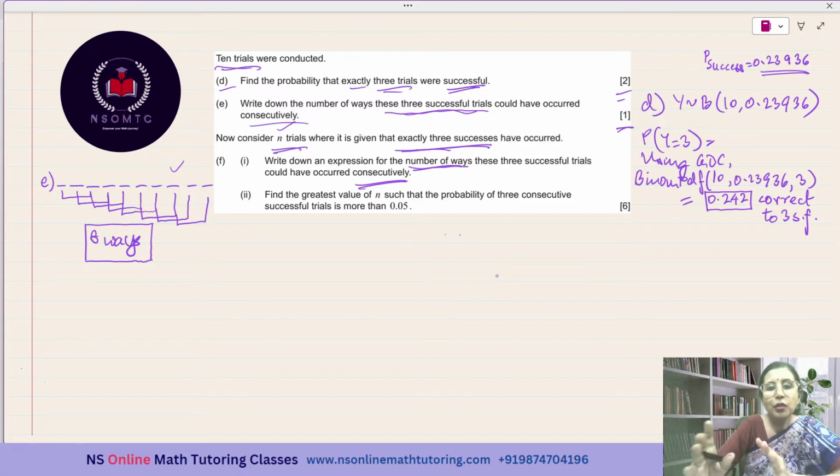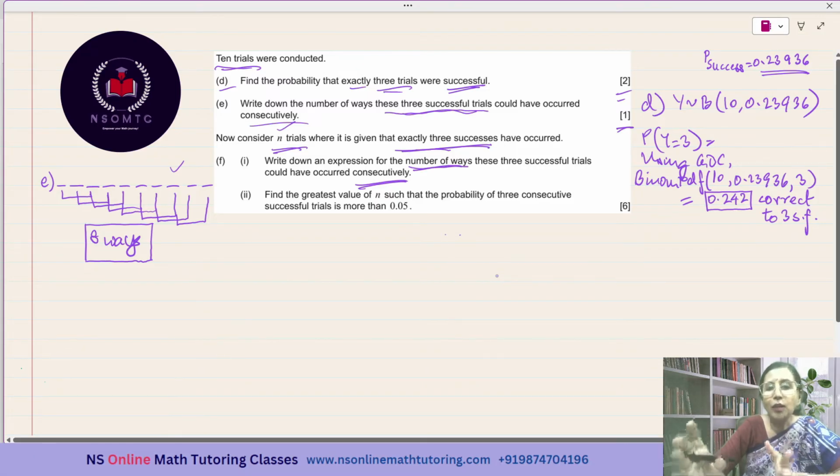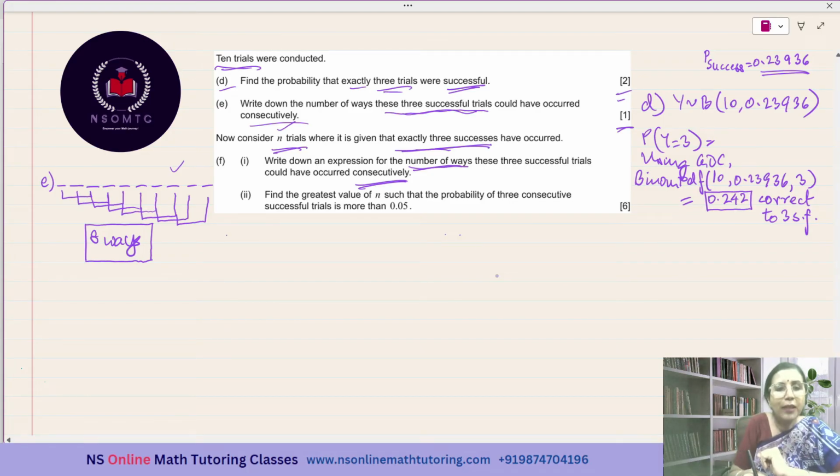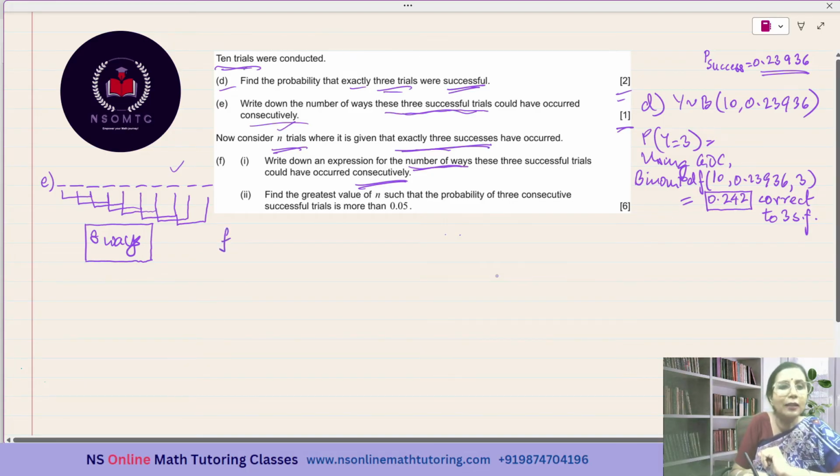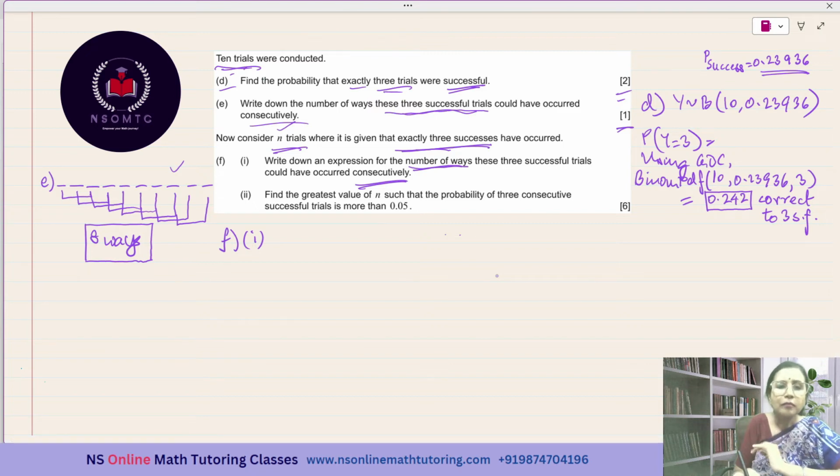Okay, so we do not know what is the value of n, but we have to give the answer. So it is better, we are seeing when the number of trials is 10, the number of ways is 8. So 10 minus 2. But let us be sure of this expression, whether it will be n minus 2 or not. Okay.